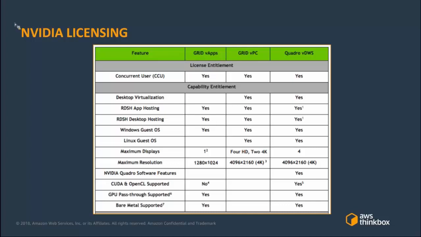Now, by default, we enable the grid licensing to grab what's known as a Quadro virtual workstation, or DWS, desktop workstation license, which is the third column on the right there, which essentially gives you a license and the capabilities to do all those things that are listed there.